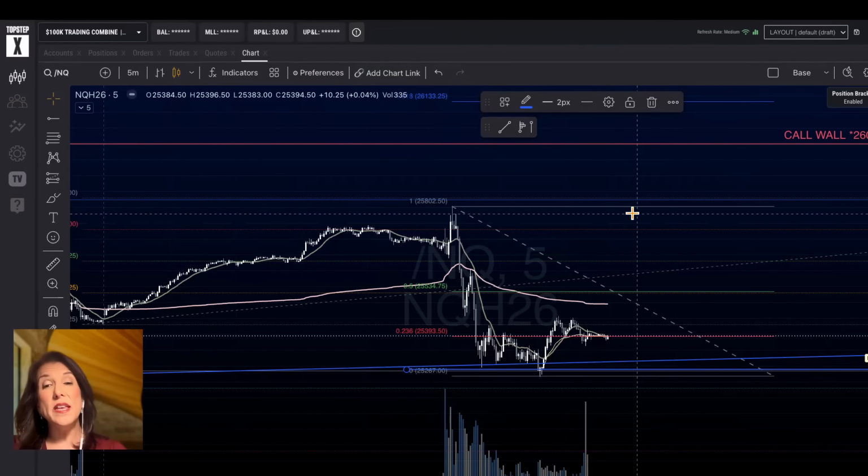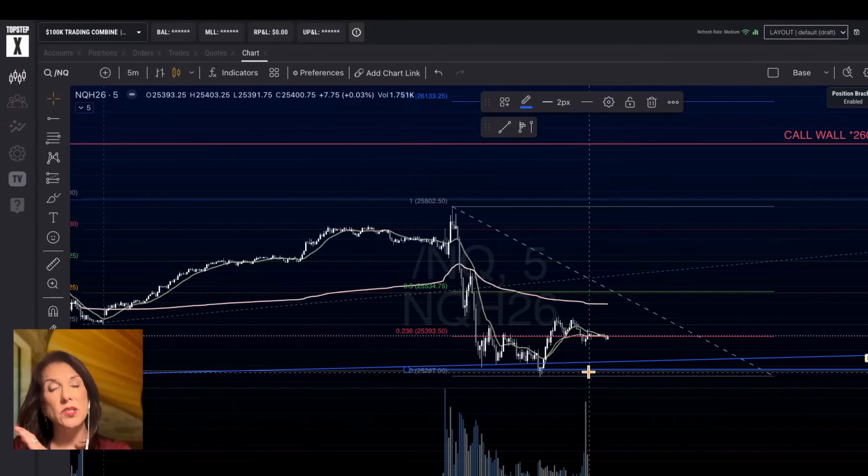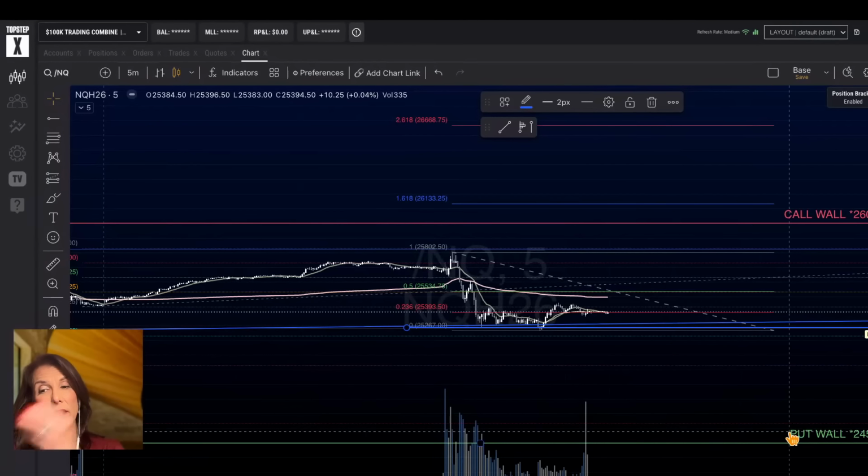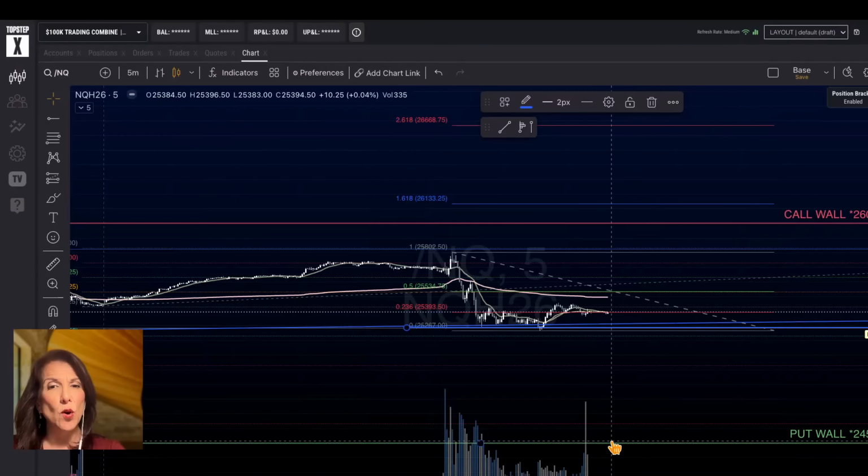So these walls are showing us that here's the big thing. If we lose 25,280, chances are, if we don't immediately recover, we could really see a fail down into the put wall. The one thing that bothers me is the following.